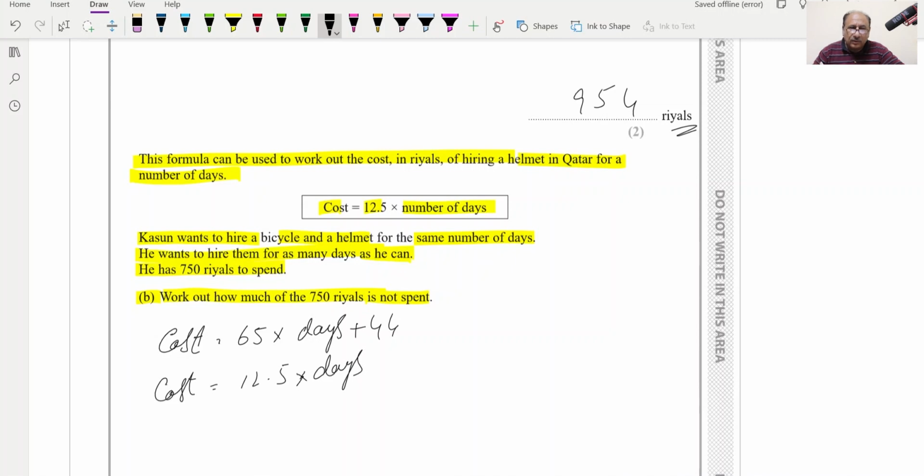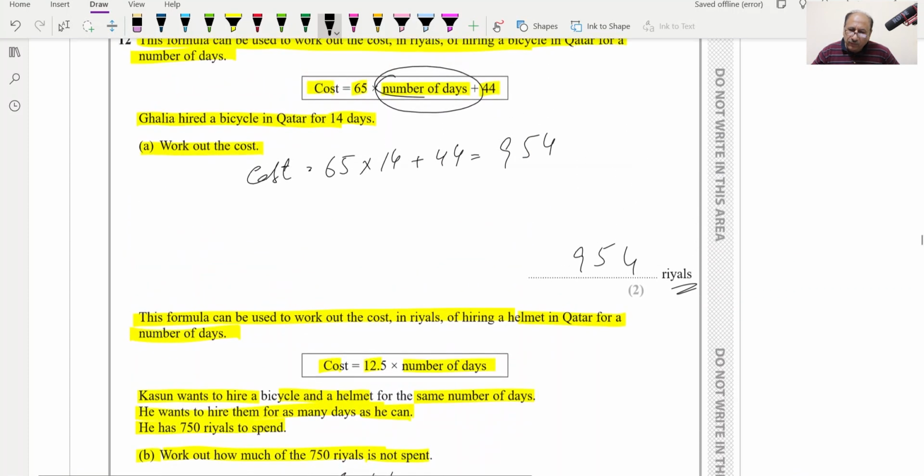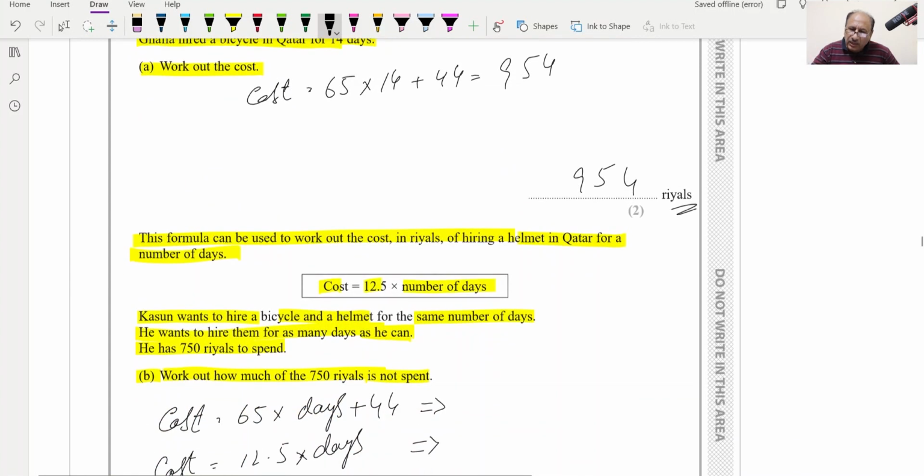Let's check for 9 days. Why are we checking for 9 days? Because for 14 days it is 954, which we have earlier checked.